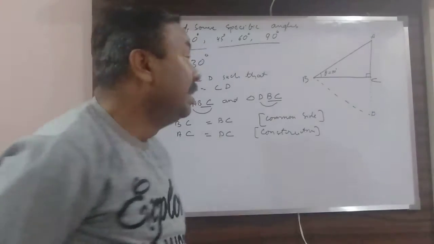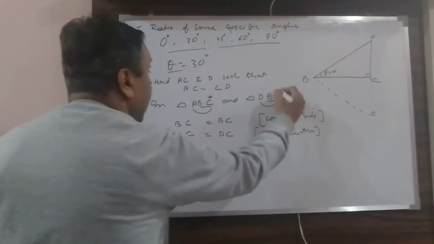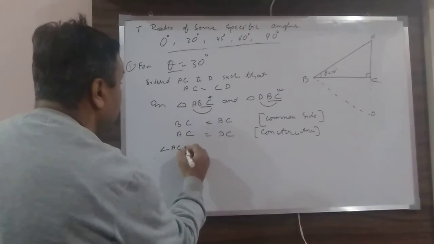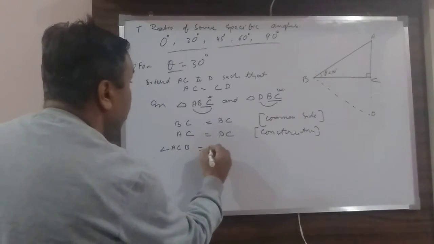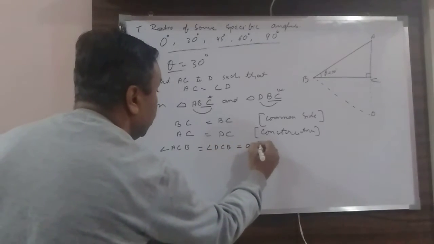Then the intervening angle, that is angle ACB, will be equal to angle DCB, and both of them are equal to 90 degree.